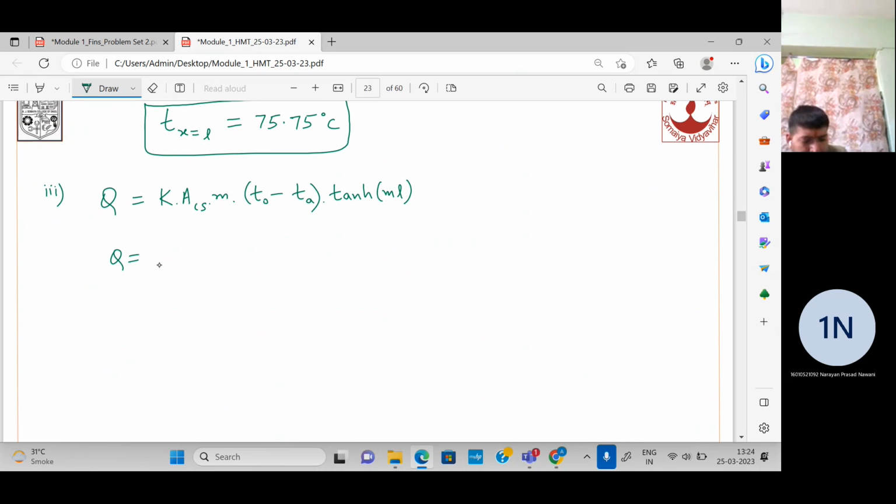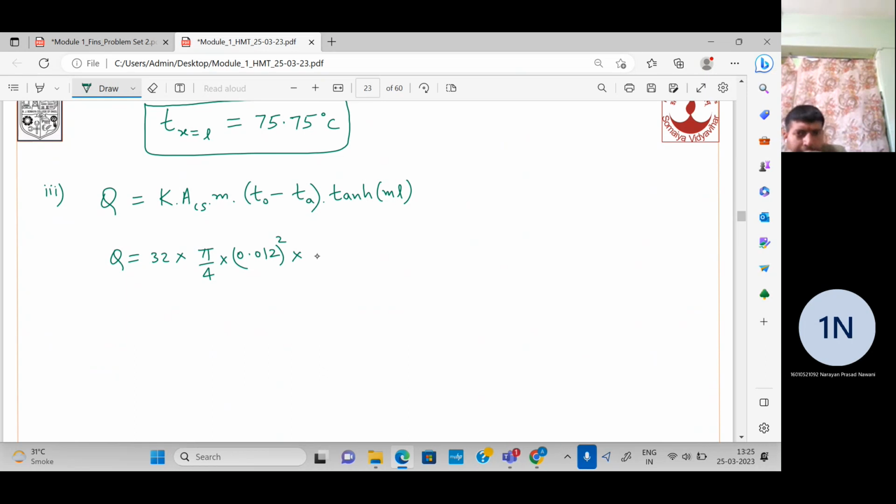The value of k is 32. Cross sectional area is pi by 4 d square. So pi by 4 d square, d is 12 mm, that is 0.012 meter square, into m.